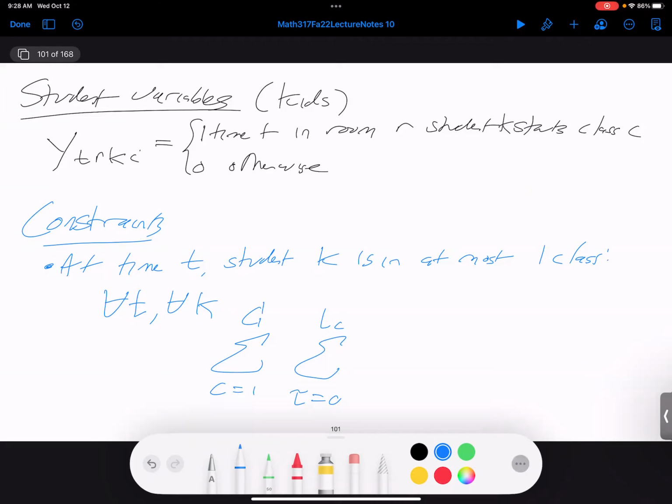So y, and it would be t minus tau. Oh, I'm using r, not c for class, sorry, right? No. Actually, do we actually need to know what room the student is in? No. So we actually don't need the room subscript.